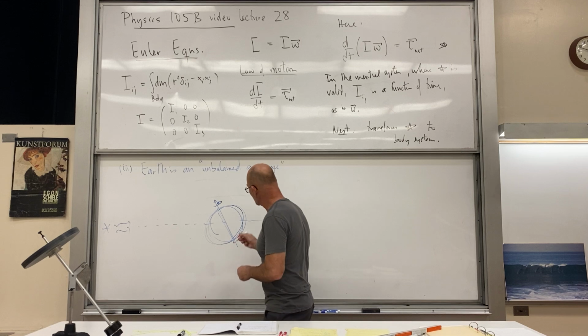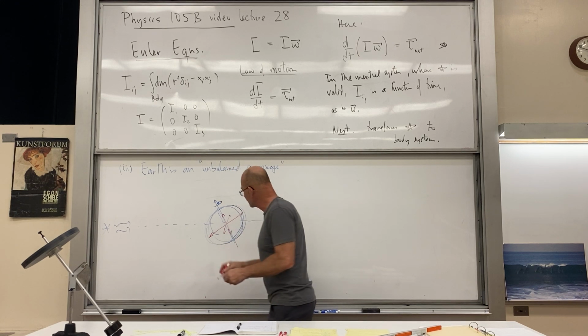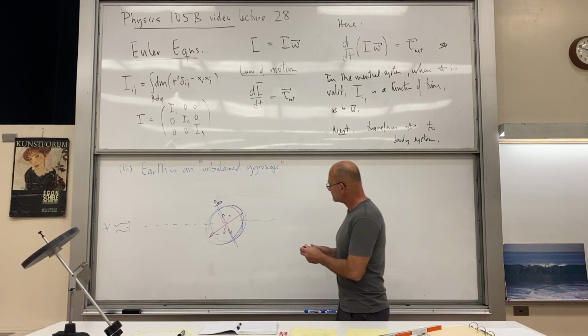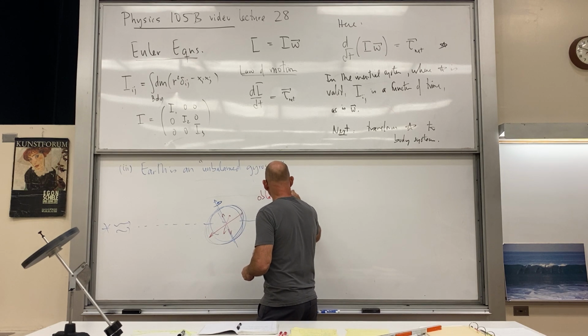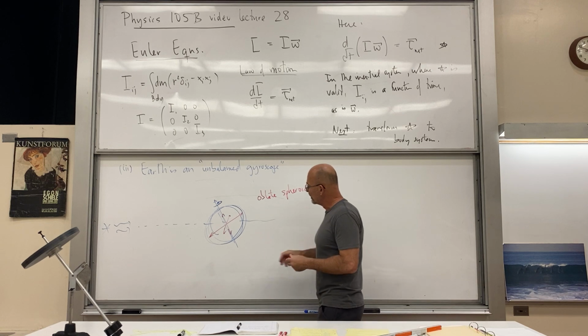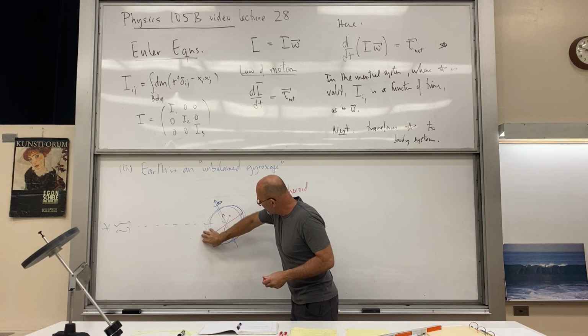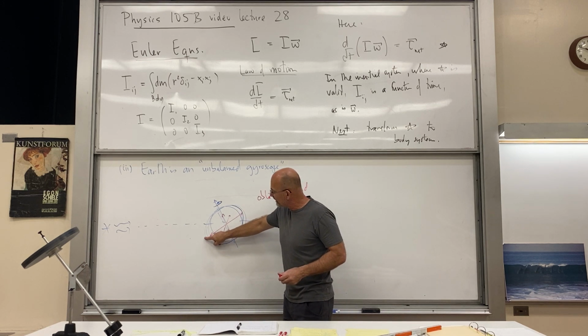You guys make a better picture than I'm making, okay? All right, you've got these three axes. So oblate spheroid. That's our Earth, and therefore there's mass distributed out here and out here.